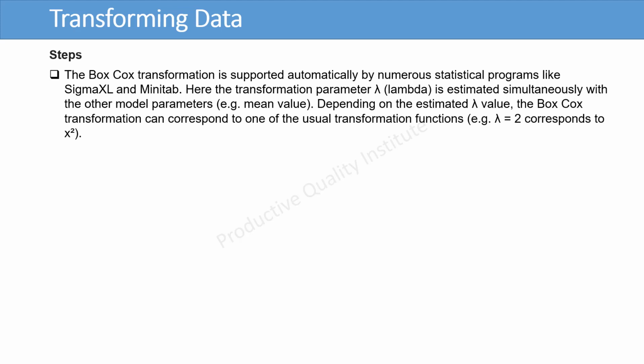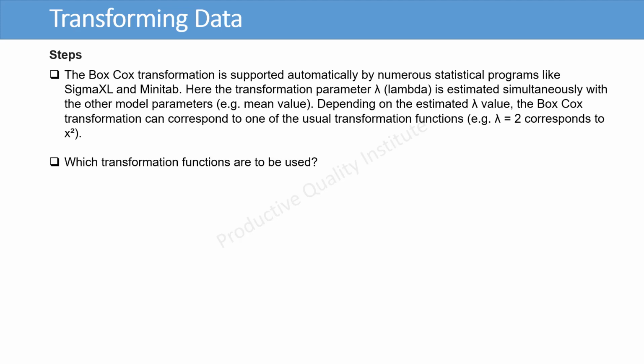Here is the transformation parameter, the Greek letter lambda, which is estimated simultaneously with the other model parameters, for example the mean value. Depending on the estimated lambda, the Box-Cox transformation can correspond to one of the usual transformation functions. For example, lambda equal to 2 corresponds to x raised to the power of 2.